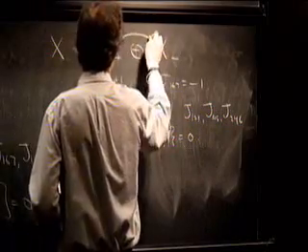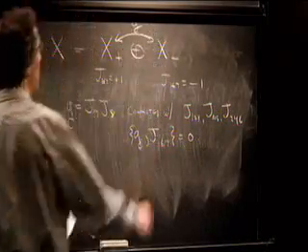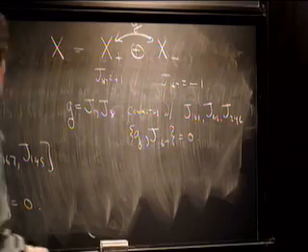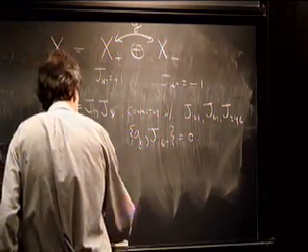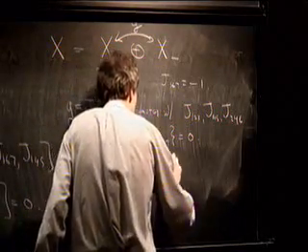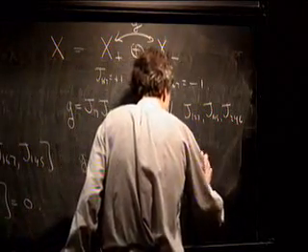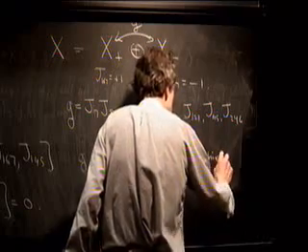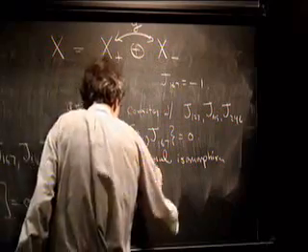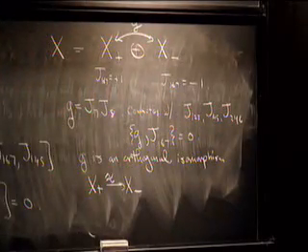Okay, so that means that this G goes back and forth between these two. So G is an orthogonal isomorphism of X plus to X minus, which means that they have the same dimension.